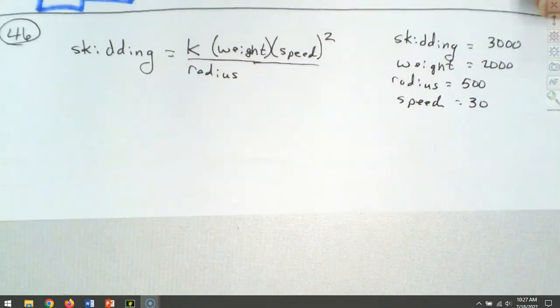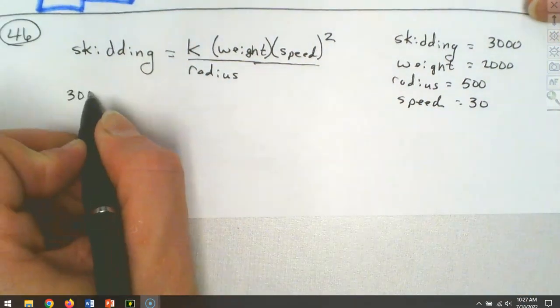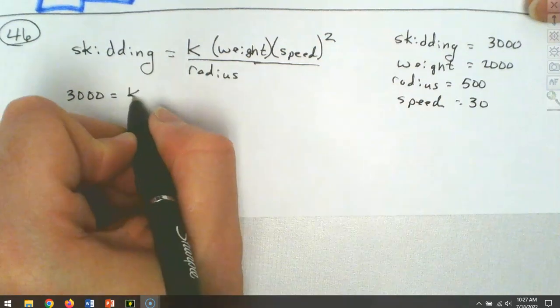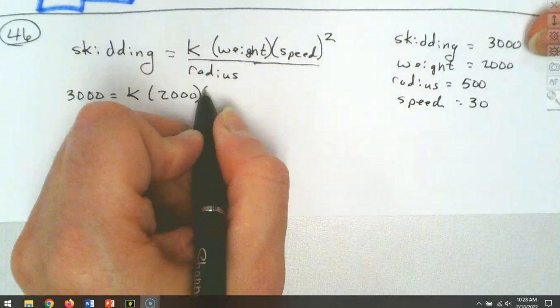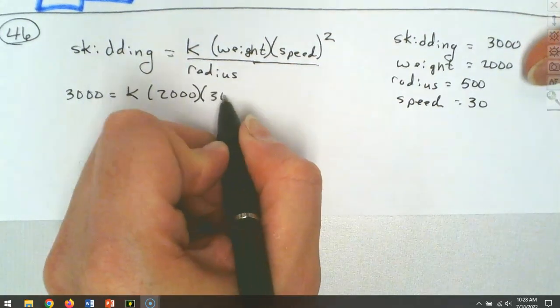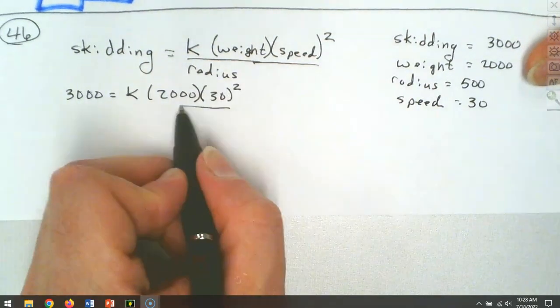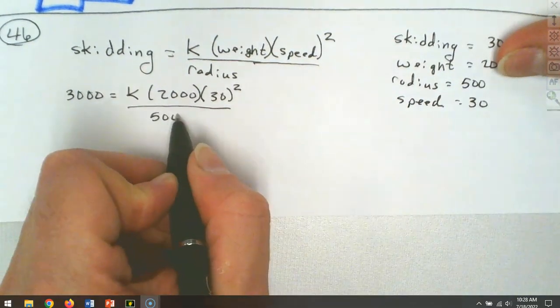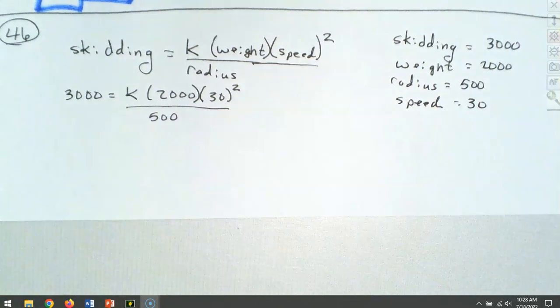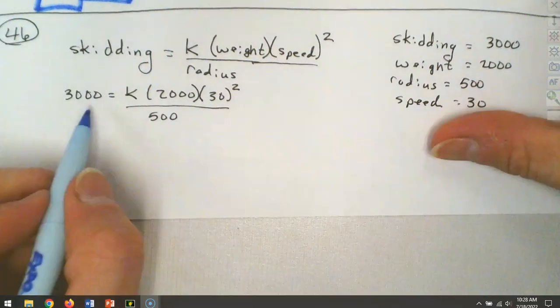So plug in our values. So we've got 3,000 equals K, which is our unknown. The weight of that car is 2,000. Speed of that car is 30. We have to square it. Divided by the radius of that curve, which in this case is 500. So I'm going to go ahead and cross multiply and break it down.